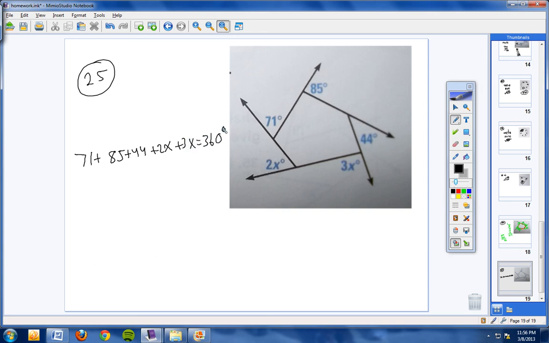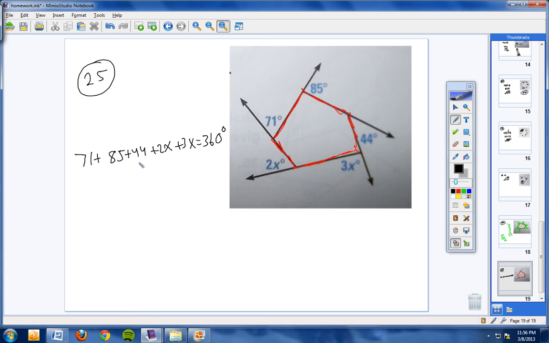And how do I know it's 360? Because the exterior angles of a polygon, here's your polygon right here, always add up to 360 degrees, always. Okay, so with that in mind, let's solve this equation.